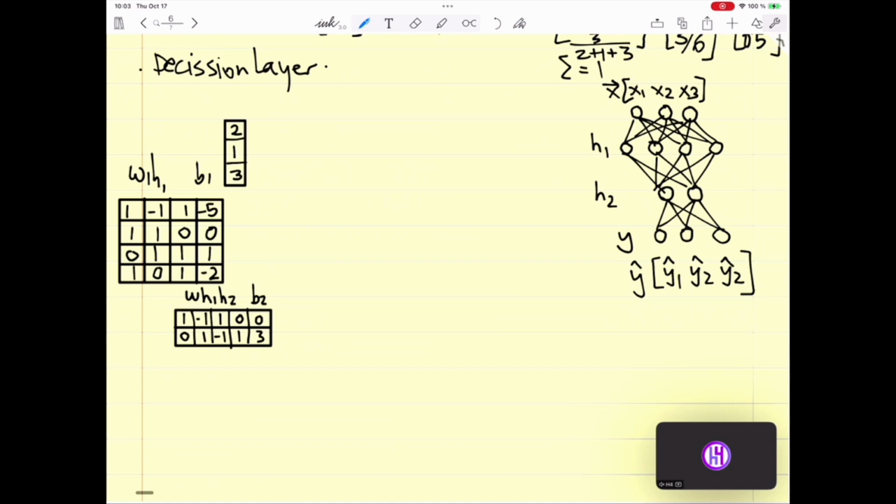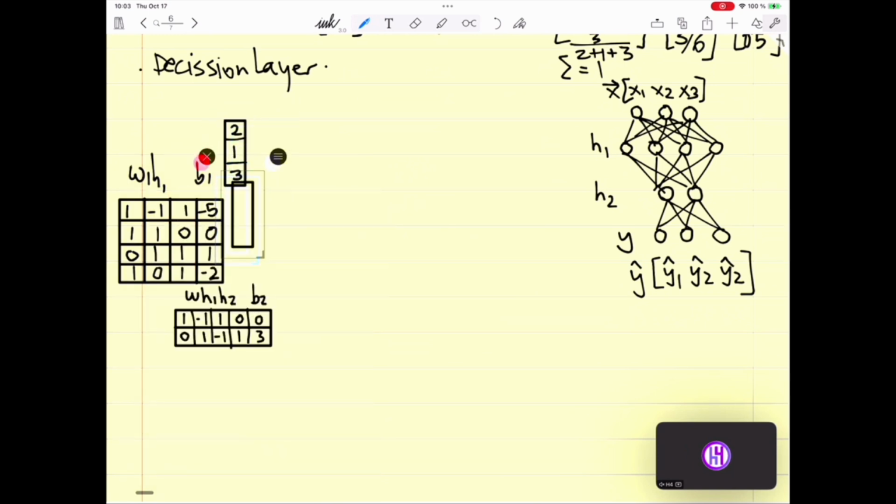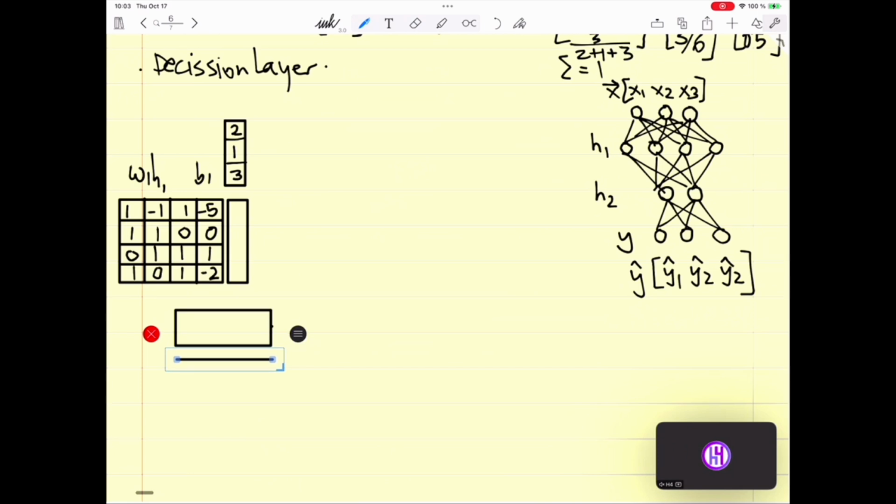The output of the first... I guess I need some space in between. I need some space in between here. So I'll leave it.